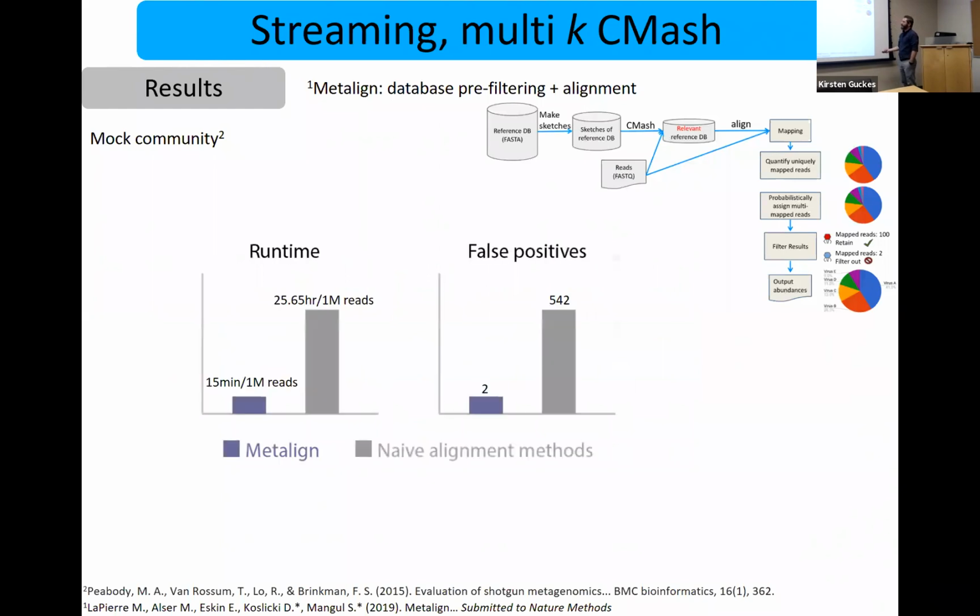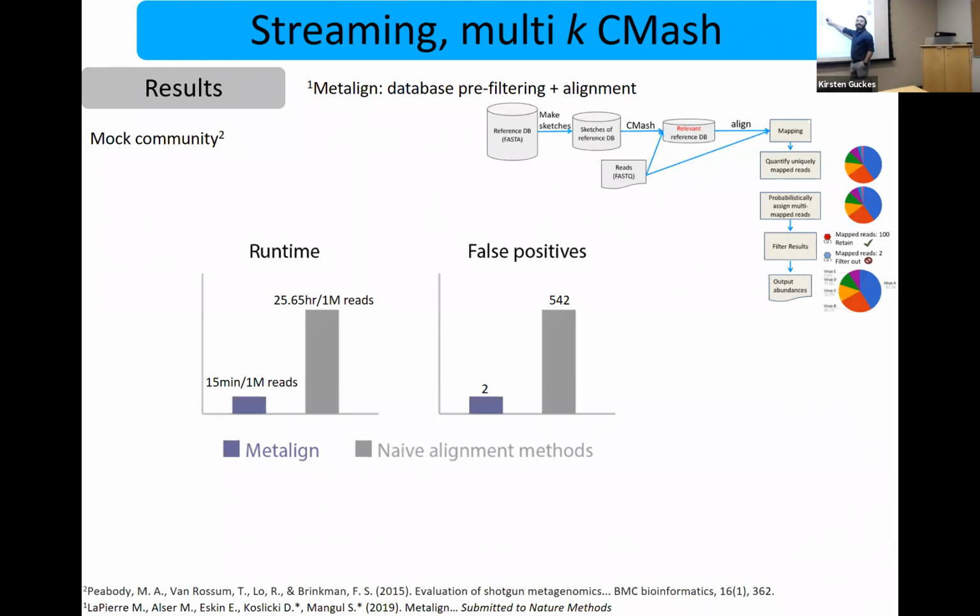And what about speed? Does this database reduction actually help things a whole lot? So here I'm comparing this Metaline approach with database reduction and just the naive alignment, which is just align directly to the database and worry about stuff later. Let's say I have a massive supercomputer to be able to do this. Well, the runtime is a few orders of magnitude smaller after we do the database reduction, which isn't too surprising.